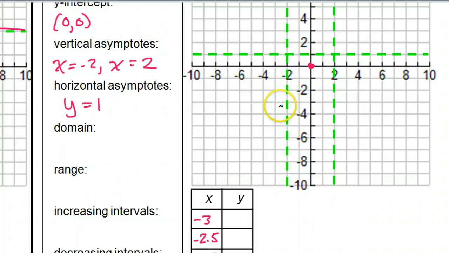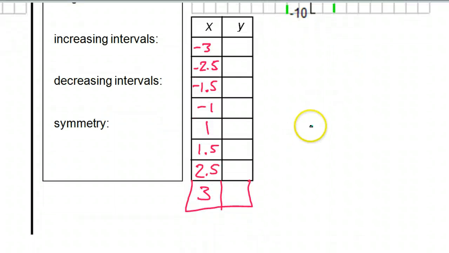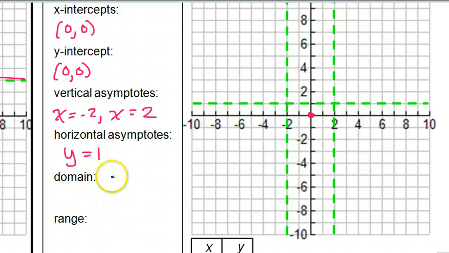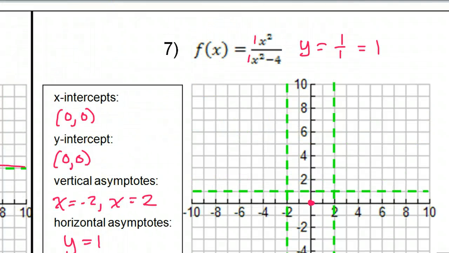So if I were you, I would use decimals just on either side of each one of these. So negative 2.5, negative 1.5, positive 1.5, 2.5, real close on either side. Alright, so we can put this function into our calculator and check out the table of values.